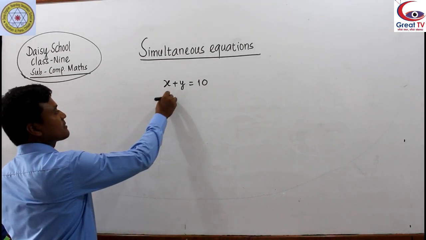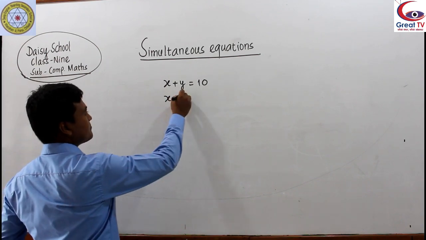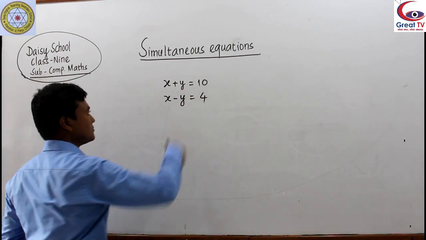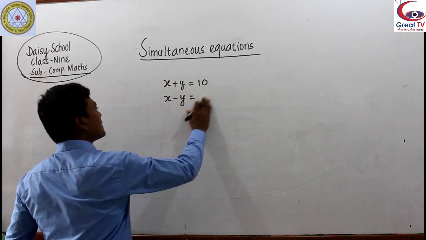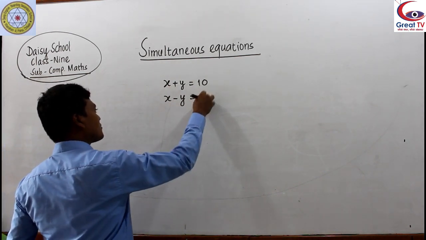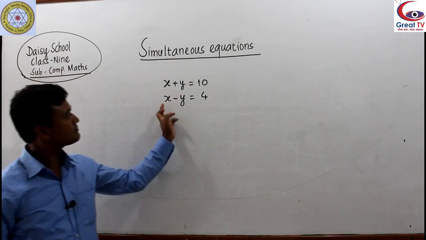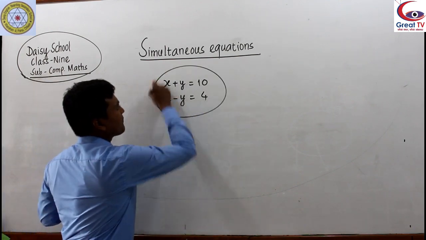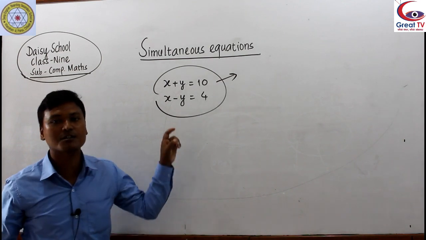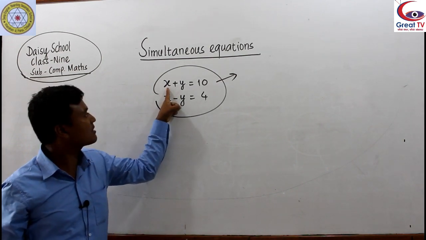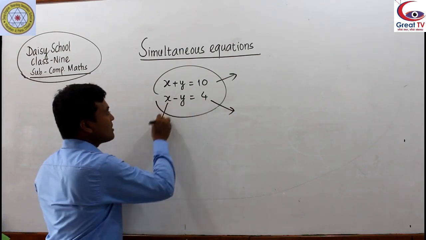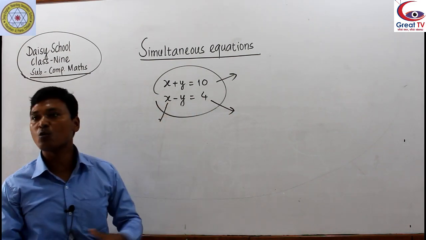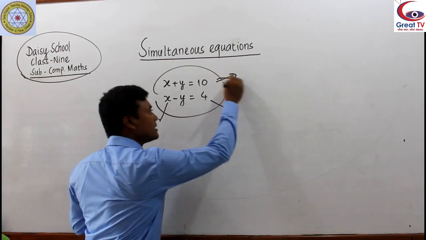One more, x minus y equals 4. The first equation is linear because the power of x is 1 and of y is also 1. In the second equation, the powers of x and y are also 1. So both are linear equations.